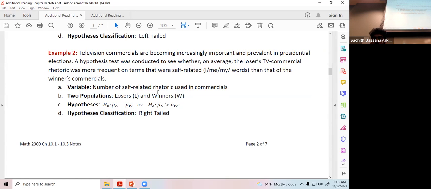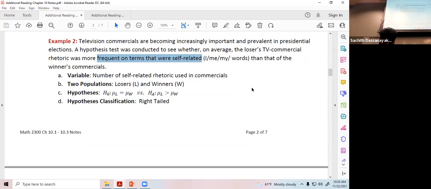Since this says 'than', meaning losers greater than winners, it's going to be a right tail test. That's how you classify hypothesis testing. There are no calculations you need to do. You just need to identify how we split these questions into pieces.